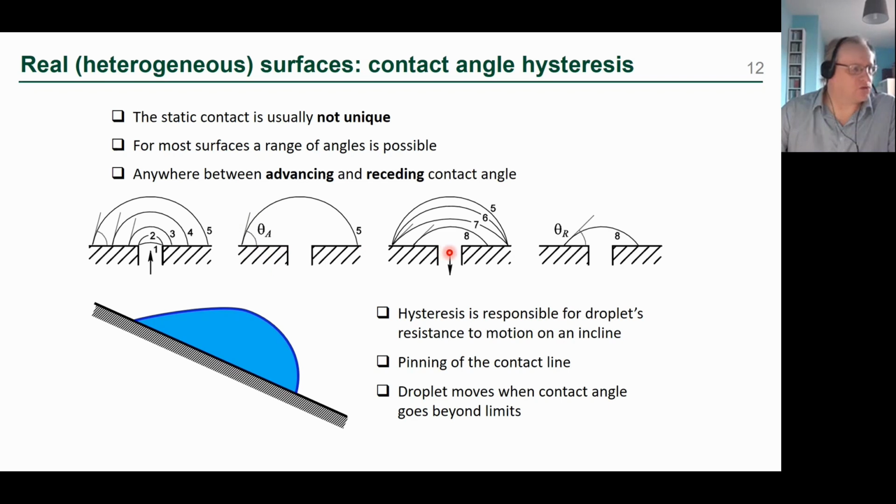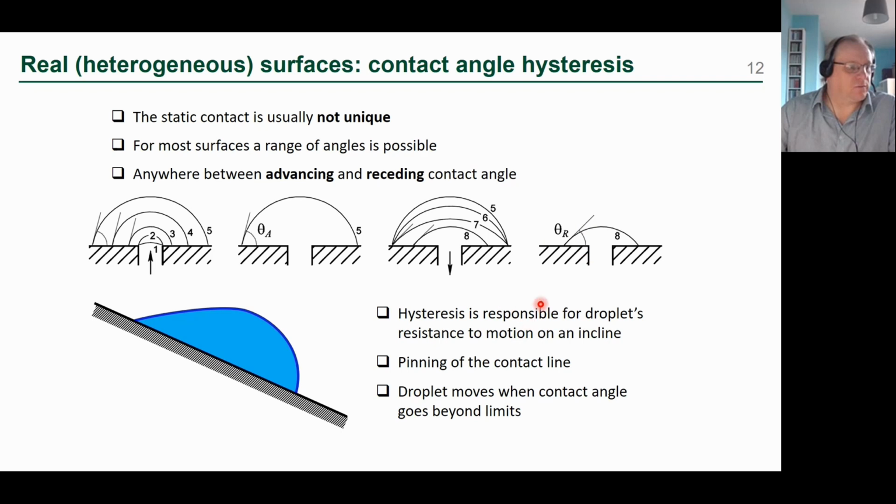If we then start to extract liquid, so we reverse the flow, instead of just reversing this behavior, the contact angle stays where it is, and the angle will reduce until it falls to a receding contact angle value, and then the contact line will start to recede. If we were to stop again at this point, we could measure another angle, and that will give us the receding static contact angle.